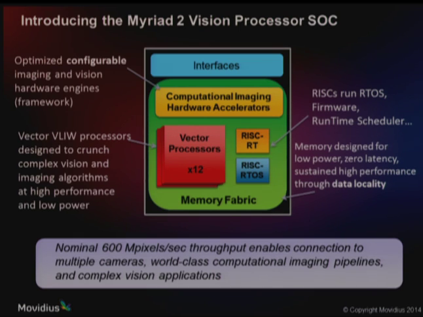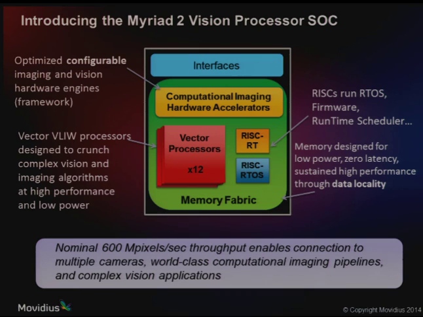And the system, as we've defined, has a whole series of interfaces like MIPI, USB, and gigabit Ethernet to talk to the outside world. The overall system is providing a nominal 600 megapixel per second throughput at 600 megahertz. And that is what allows you really to provide this level of vision processing in a very compact device.